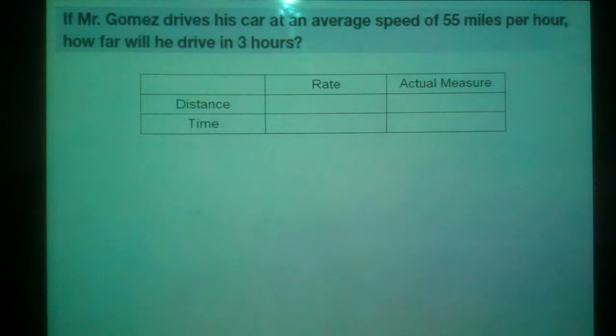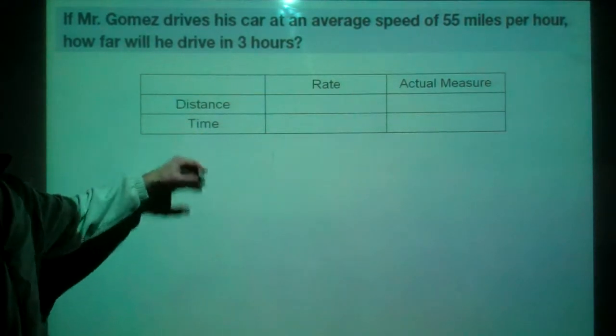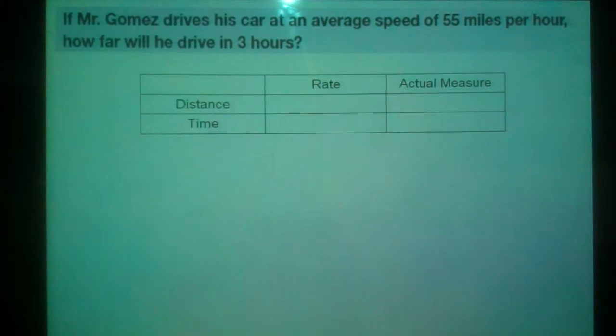It says, if Mr. Gomez drives his car at an average speed of 55 miles per hour, how far will he drive in 3 hours? Well, we figure out speed by taking distance over time. So speed or any other type of rate, miles per gallon, things like that, can be written as a ratio.